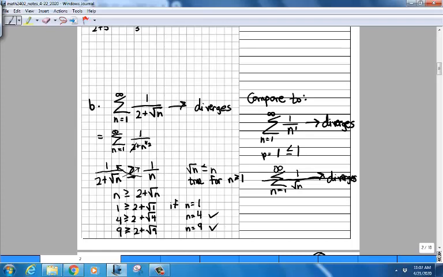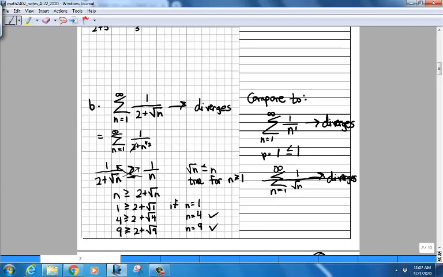All right. Well, so there are examples of the so-called direct comparison test. But as you can see, it's a little bit messy, because what you have to do is compare the terms of the series, and you have to have one series where the terms are always bigger than or equal to, or less than or equal to, the terms of the second series.